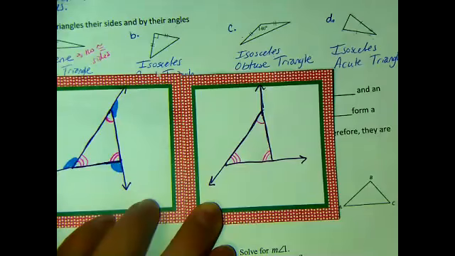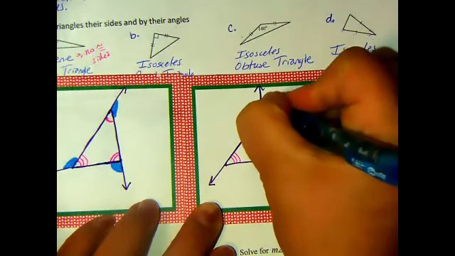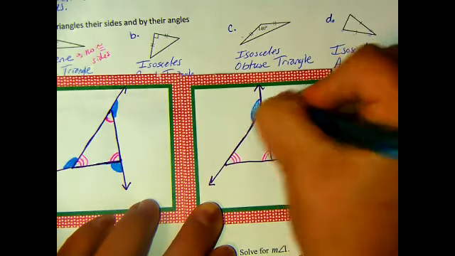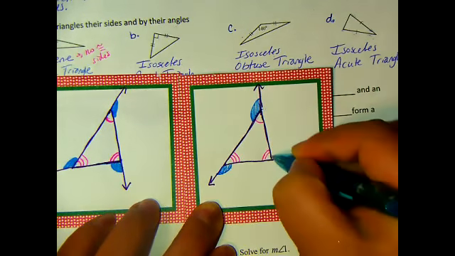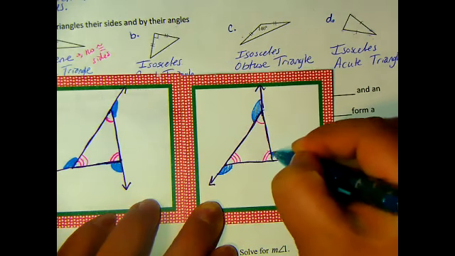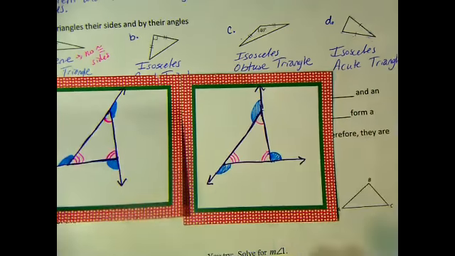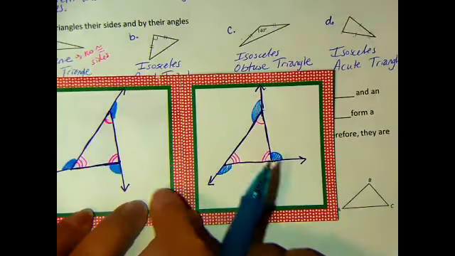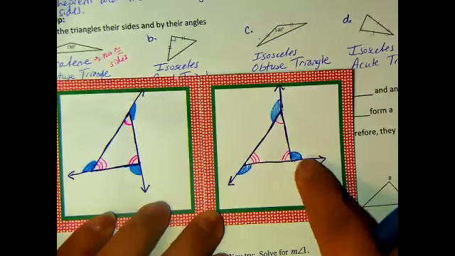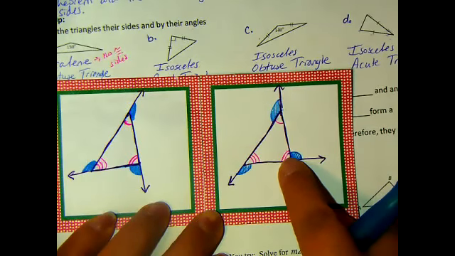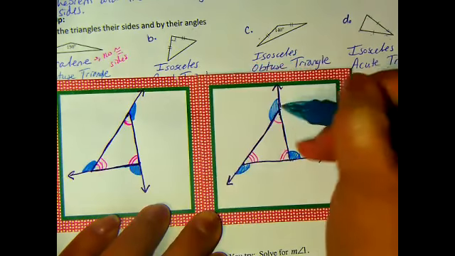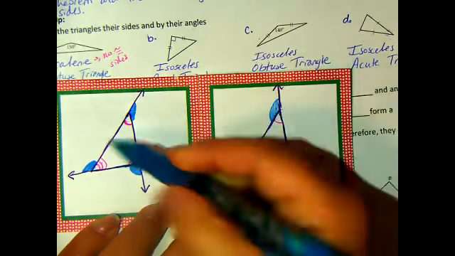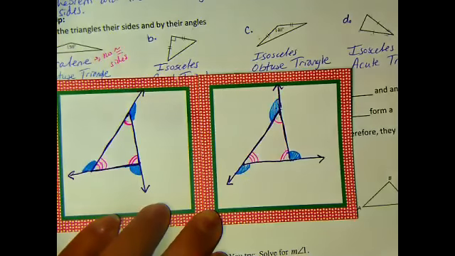That's okay, because I still get these exterior angles here, and these exterior angles are exactly the same as their corresponding ones. So this exterior angle to this interior is the same thing as this exterior angle here. This one is the same as this one, and this one is the same as this one.